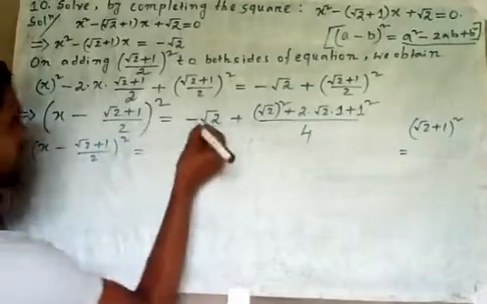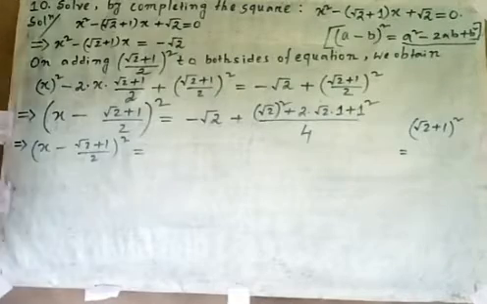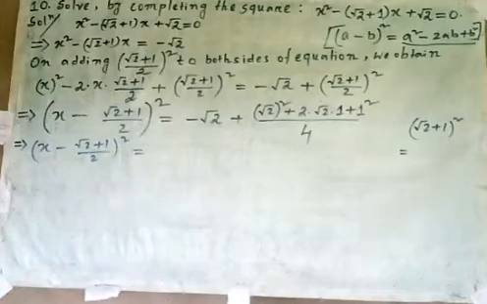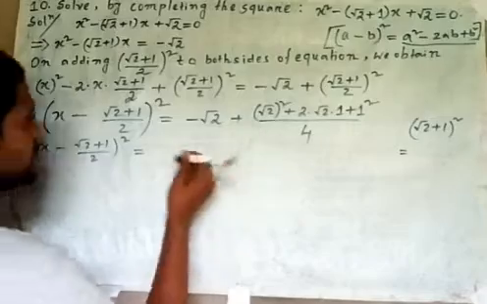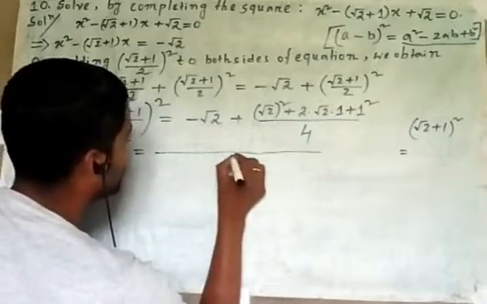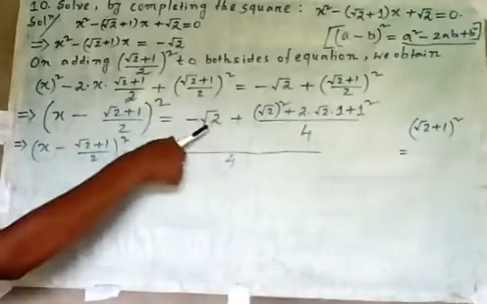This is equal to, now one thing, look, under √2 there is no denominator. It means 1 is the denominator here. So for 1 and 4, if you take the LCM, 4 will be the LCM. Now here the denominator is 1.